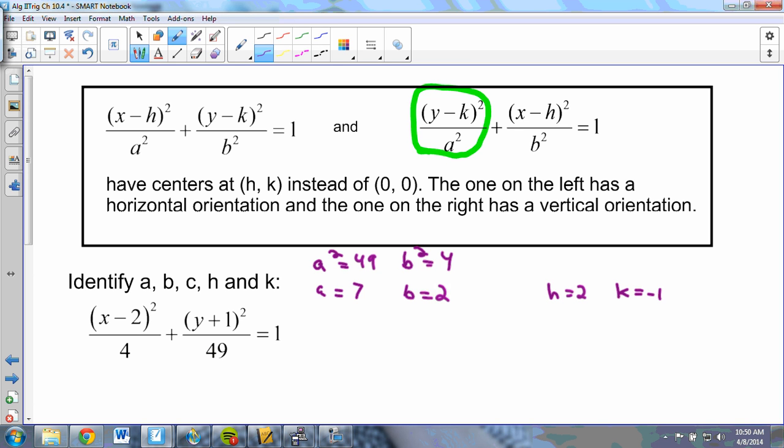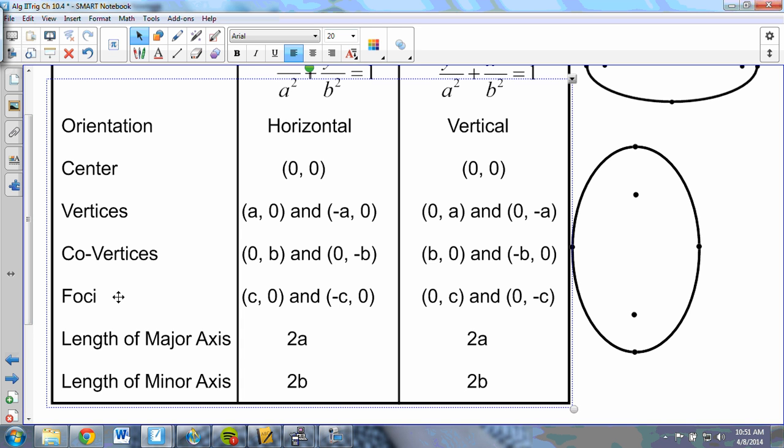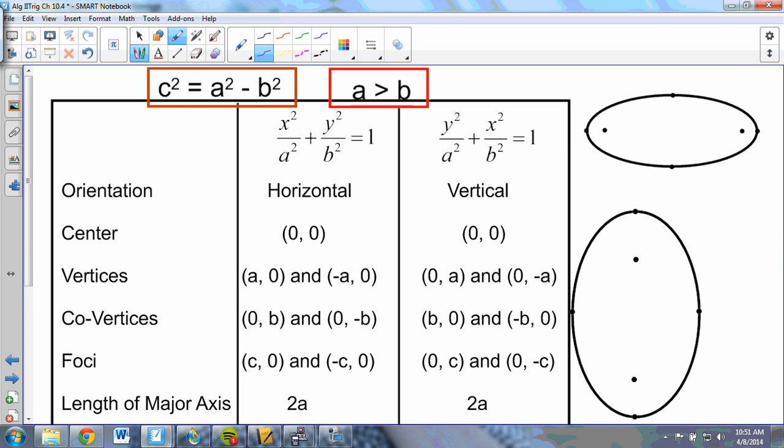For the purpose of graphing this, we're not going to have to find c. What c tells you is the distance from the center to the foci. The c right here tells me the distance from the center to the foci. c is found by using this formula. It's the Pythagorean theorem, but with a minus instead of a plus. a squared minus b squared.